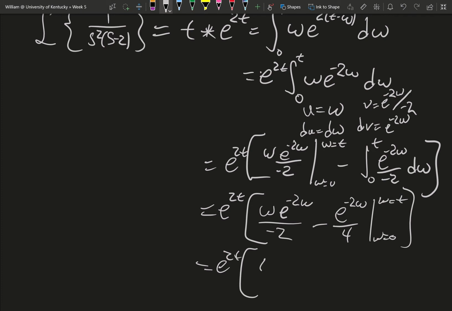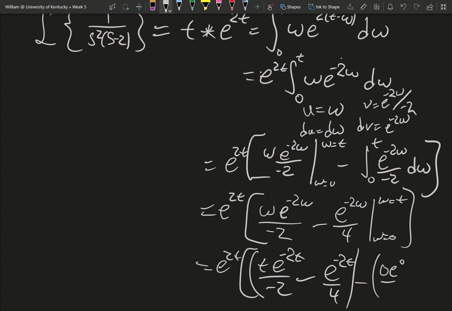We'll plug in t e to the negative 2t over negative 2 minus e to the negative 2t over 4, and then minus plugging in 0, so 0 e to the 0 over negative 2 minus e to the 0 over 4.